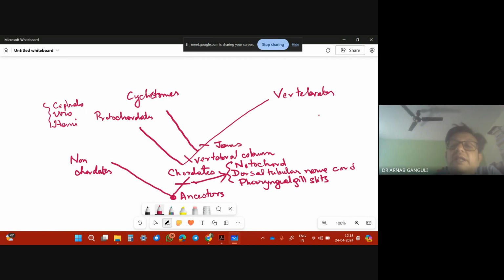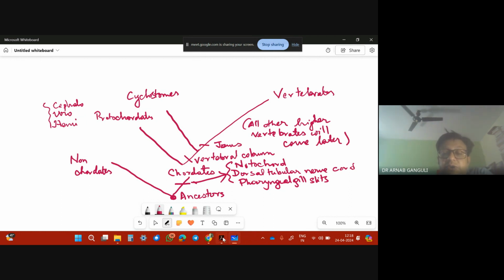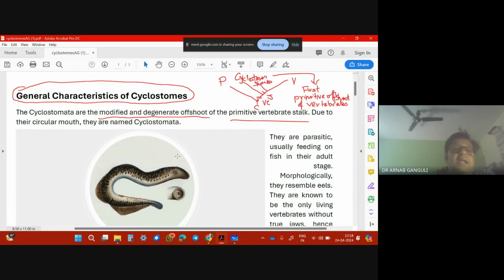And then all other higher vertebrates come later. So these are the primitive offshoots, you can say. And since they have a circular mouth, they are known as cyclostomata.